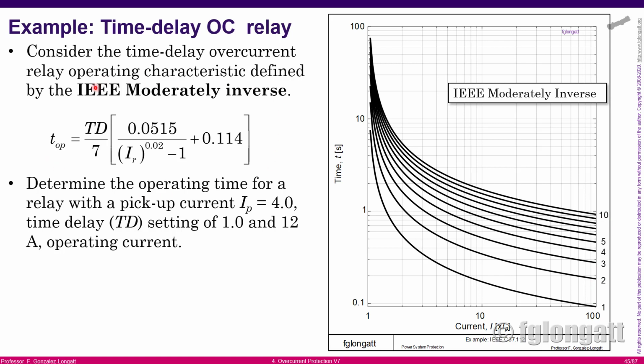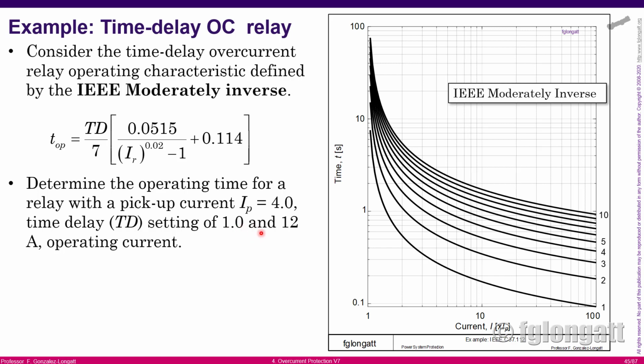What I want to say is, in the horizontal axis you have the current in per unit values, and on the right hand side you have the time dial. Okay, now determine the operating time for a relay whose pickup current is 4.0, the time dial setting is 1.0, and the operating current is 12 amps.